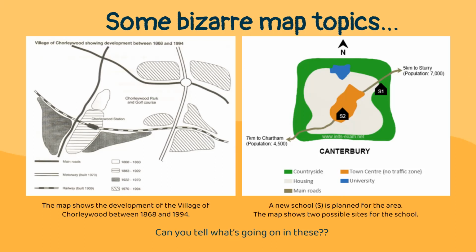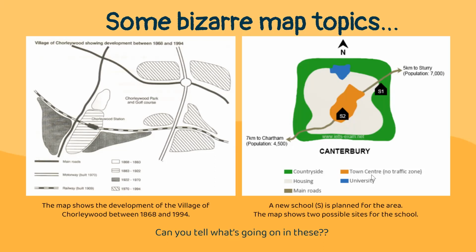It will describe up to two possible sites for the schools. So I think that in the map you will have to describe site one, which is, I don't know, maybe on the east side of Canterbury, or maybe in the countryside near the housing, or maybe site two.